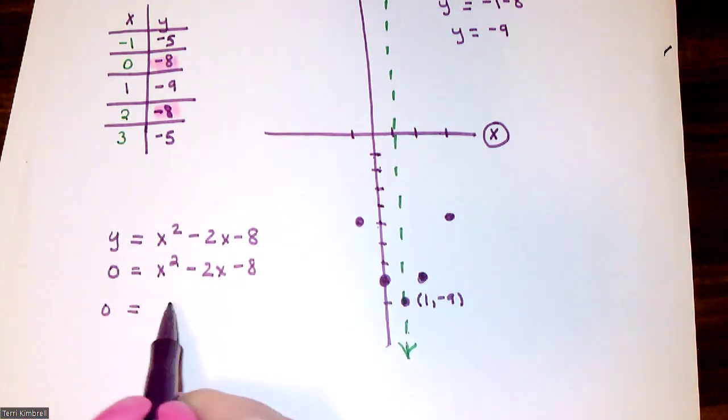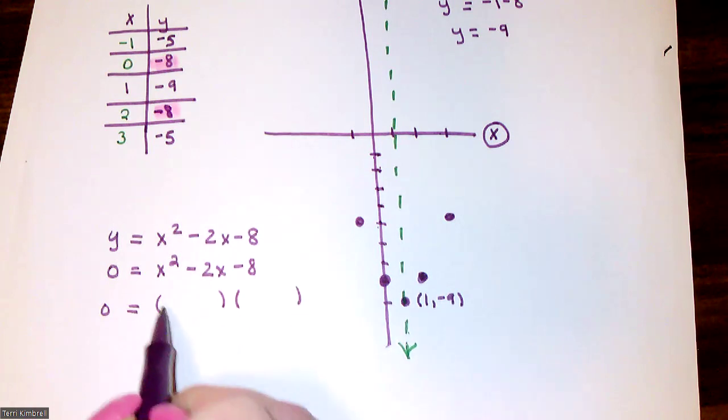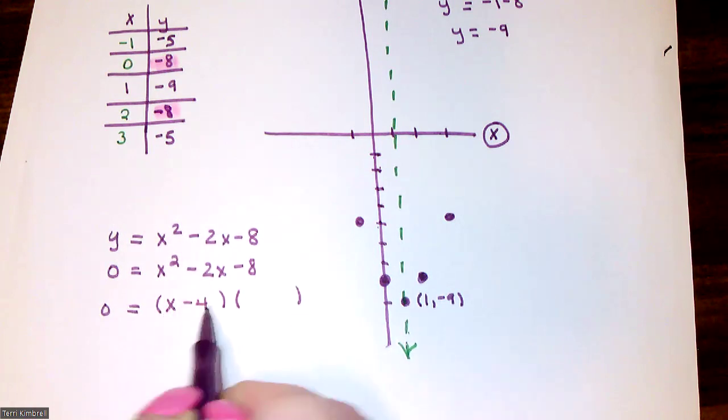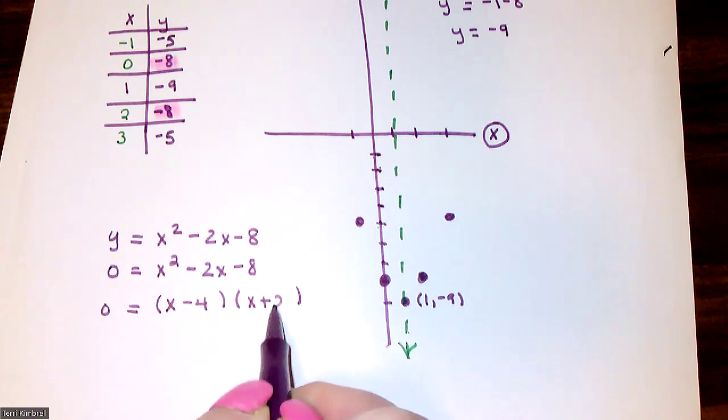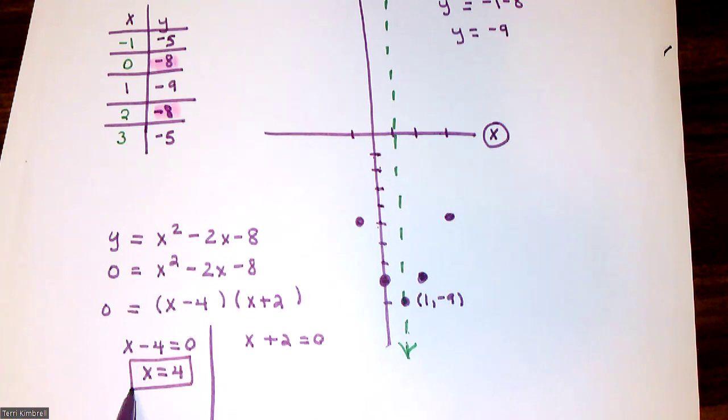So I'm going to ask myself, does anything multiply to give me negative 8 and add to be negative 2? So that would be negative 4 and positive 2. So then I would set those equal to 0. And the two answers that I would come up with would be 4 and negative 2.